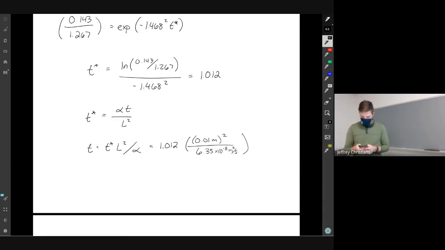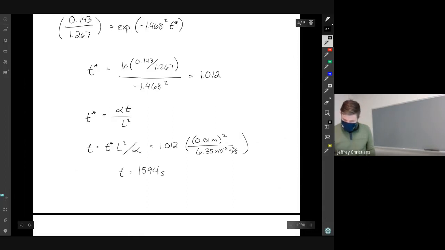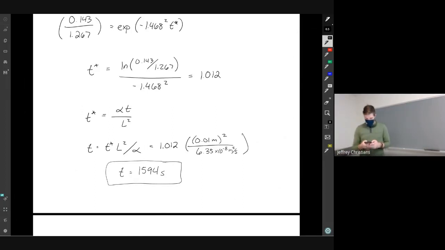Times 0.01 squared divided by 6.35 times 10 to the negative 8. So time would equal 1,594 seconds, or almost 30 minutes.